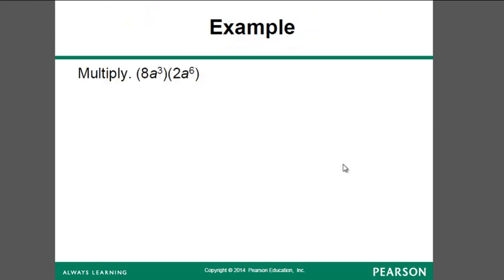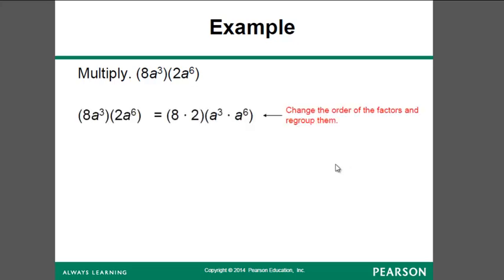Here I have 8a to the 3rd times 2a to the 6th. And I want to multiply these. Since everything is multiplied, I can rewrite it with the commutative and associative properties where I have the coefficients together and the variables a in the same parentheses.